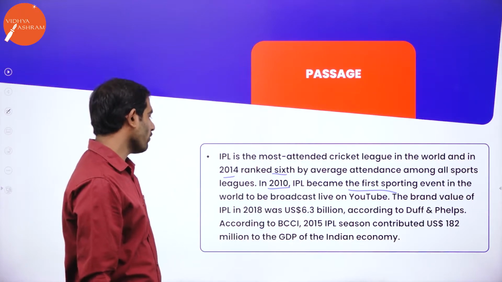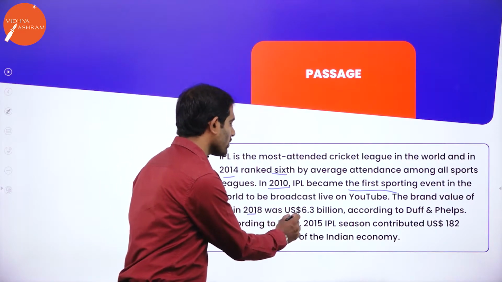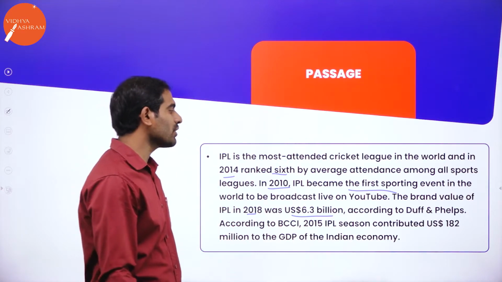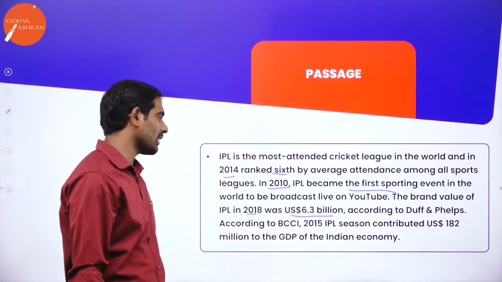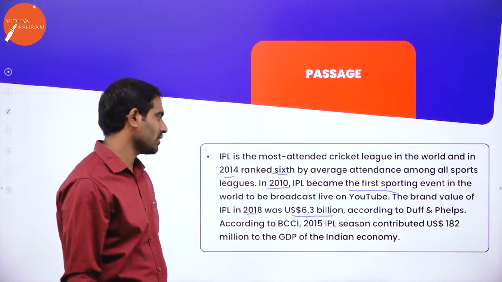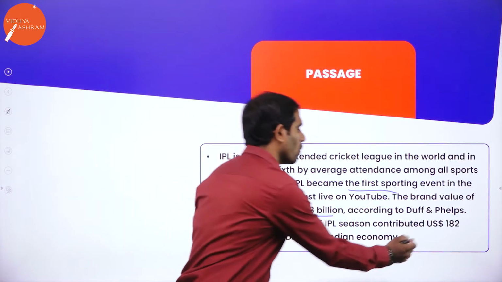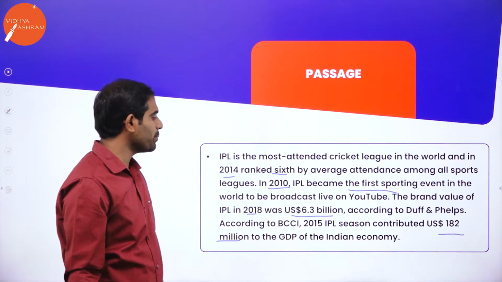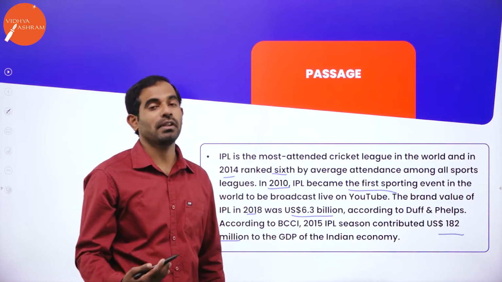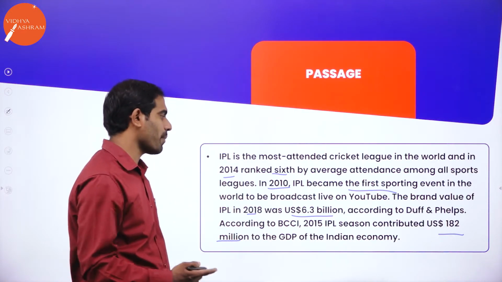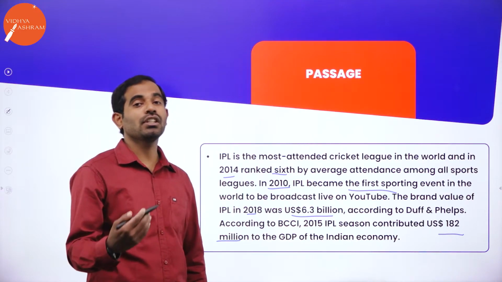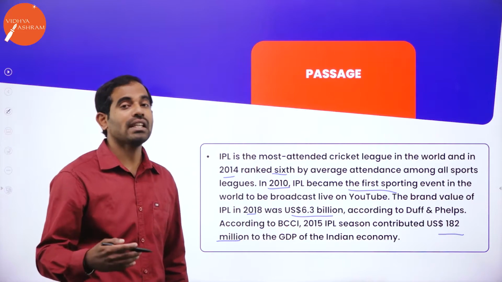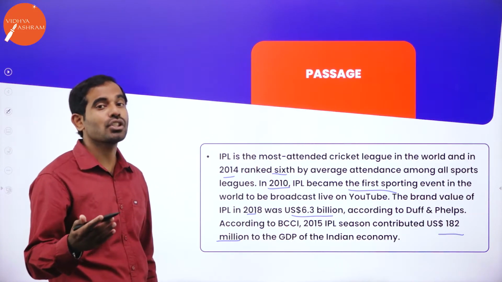Remember the year, 2010. The brand value of IPL in 2018 was US dollar 6.3 billion. So remember this, according to Duff and Phelps. According to BCCI, 2015 IPL season contributed 182 million US dollar to the GDP of the Indian economy. That is a huge amount. You need to remember everything. 182 million US dollar, not just 182 US dollar, it is 182 million. So that is a huge amount.